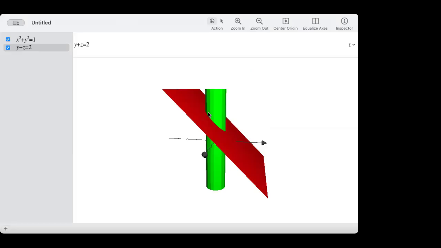Let's see. I'm on the cylinder, right? That means I can think of this ellipse as if it was a circle lifted up. What are the parametric equations for the circle?